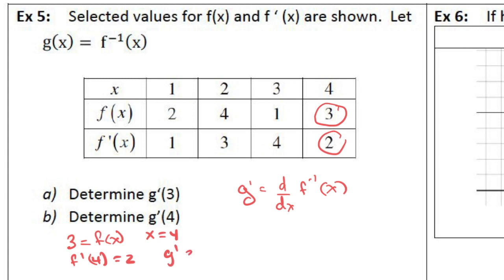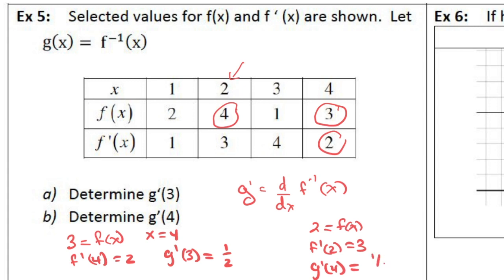So then g prime of 3 is the reciprocal, which is 1 over 2. Now, when I'm looking for g prime at 4, that means that we're looking for the x value to be 2. So 2 equals your f of x. The derivative at 2, f prime at 2, is going to be equal to 3. So then g prime at 4 is the reciprocal, which becomes 1 over 3.